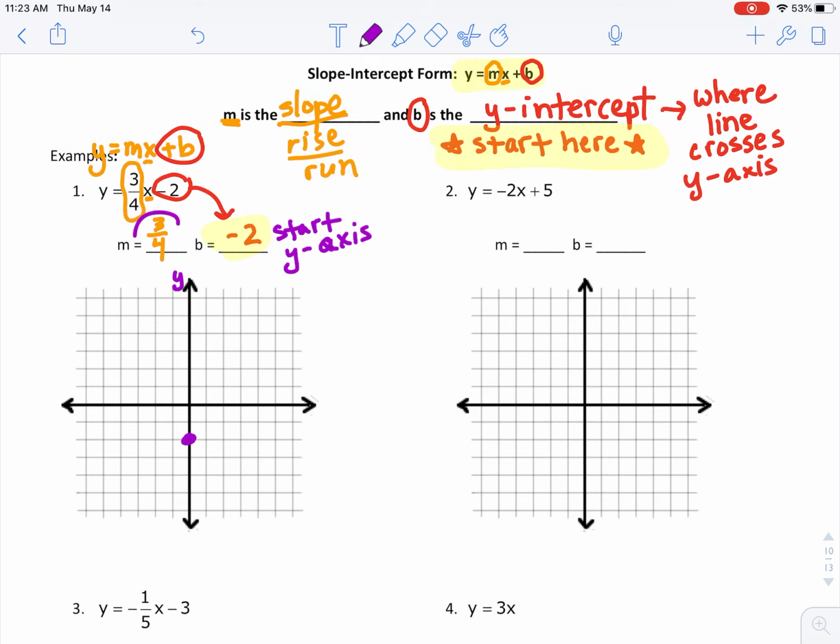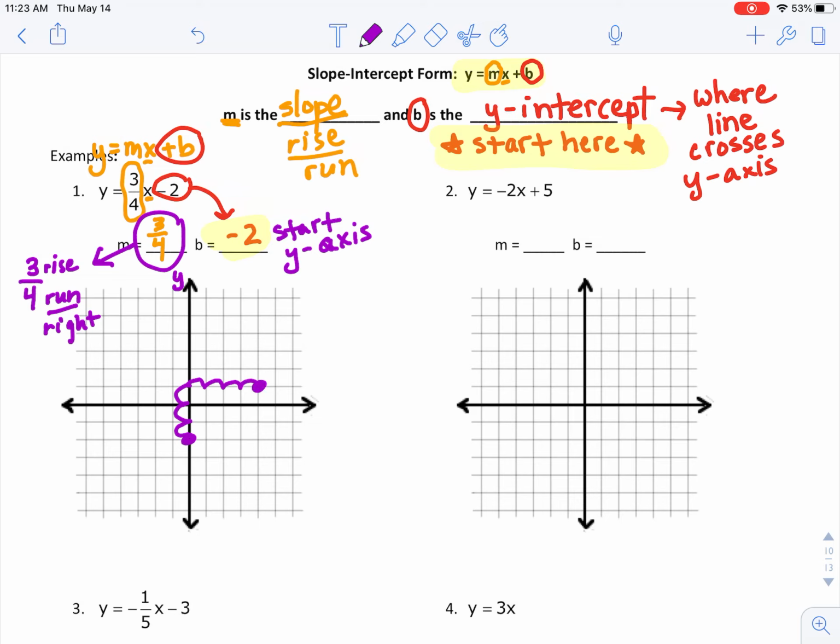Now my slope is going to tell me how to move. Slope is always rise over run. So it's 3/4. I'm going to go up 3 because it's positive 3. And then I'm going to run. That's also positive, so I run to the right when it's positive. 1, 2, 3, 4. And there's my second point.